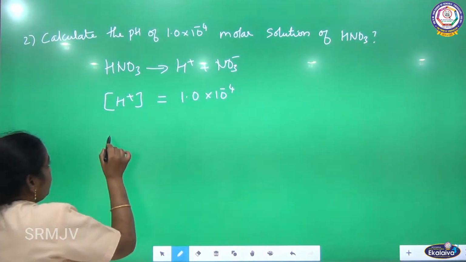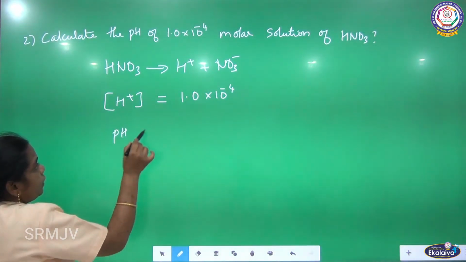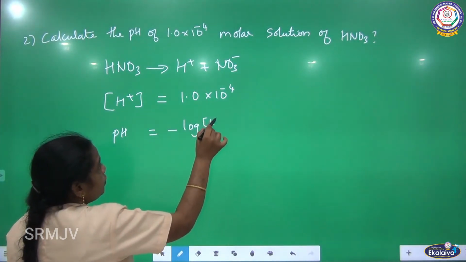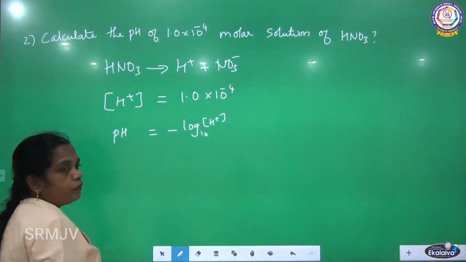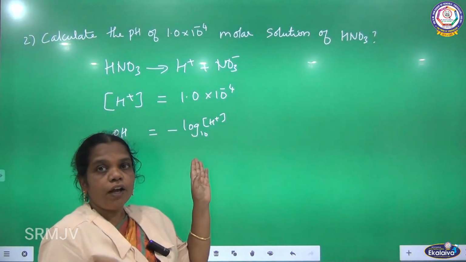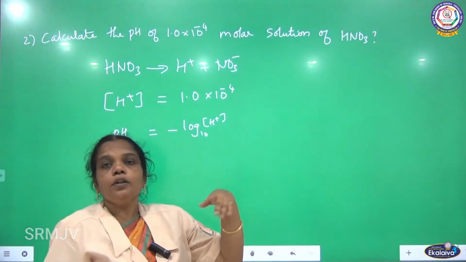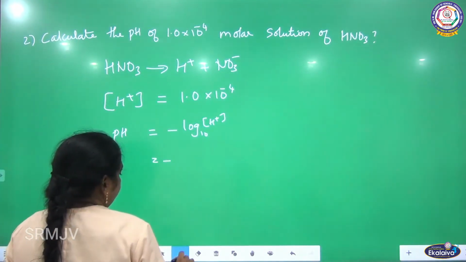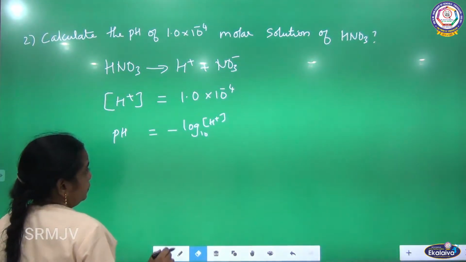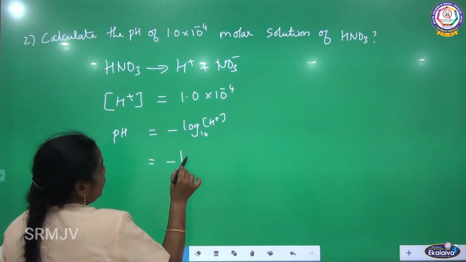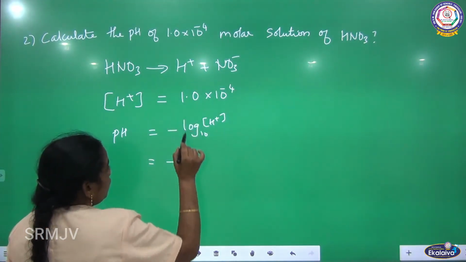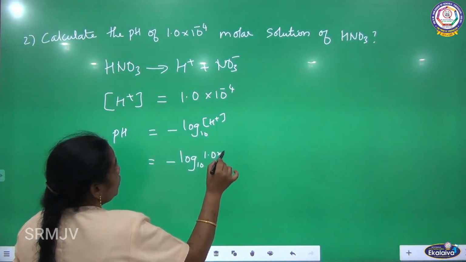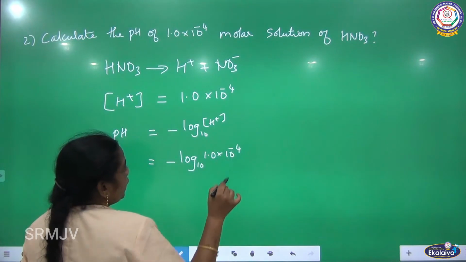So now pH, what is the formula? You know that the formula is negative log of concentration of H plus ion to the base 10. Now you substitute the value of concentration of H plus ion in this equation. Now negative log of, what is the concentration, to the base 10? 1.0 into 10 to the power minus 4.